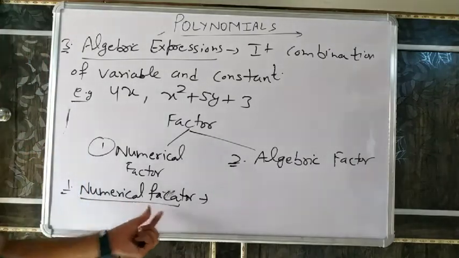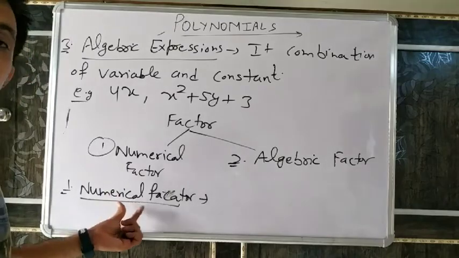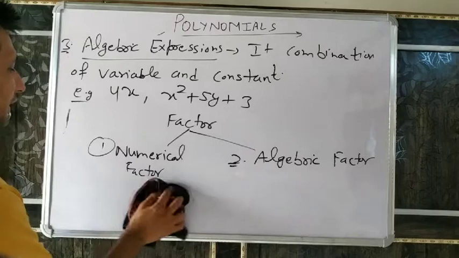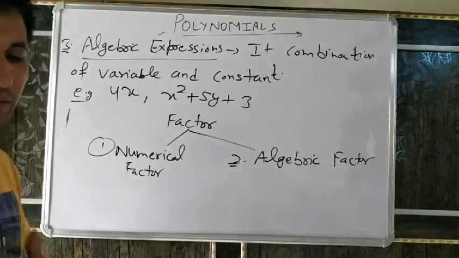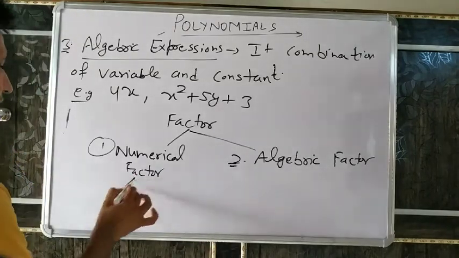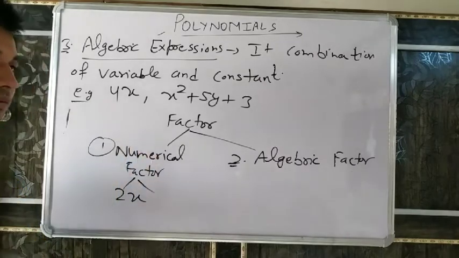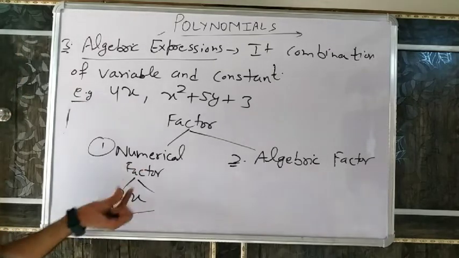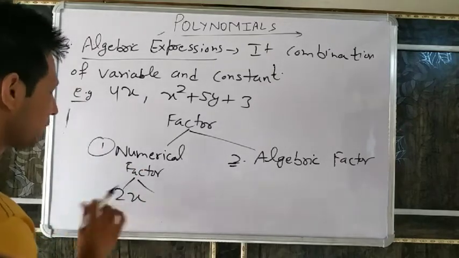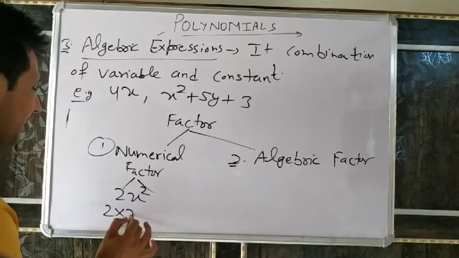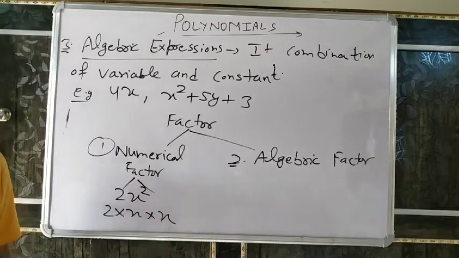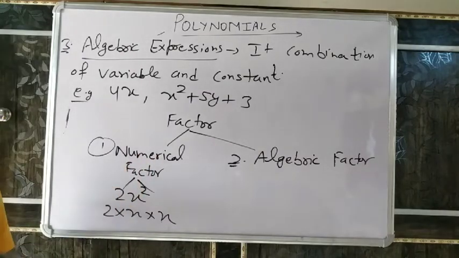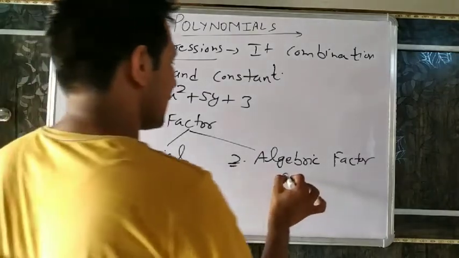For example, 2 into x square. The numerical factor is 2, the coefficient of x square. Its factors are 2 multiply x into x. Numerical means numbers, so 2 is the numerical factor. Understand?